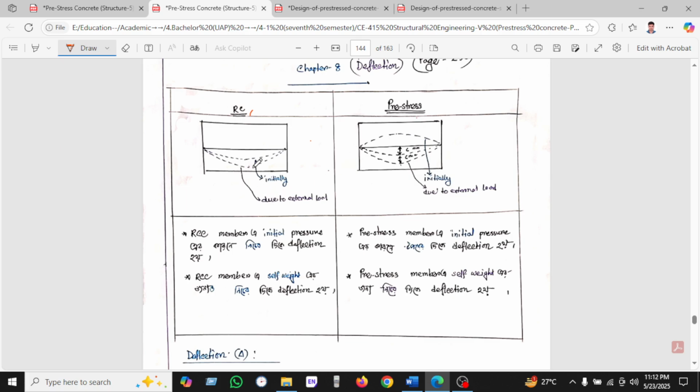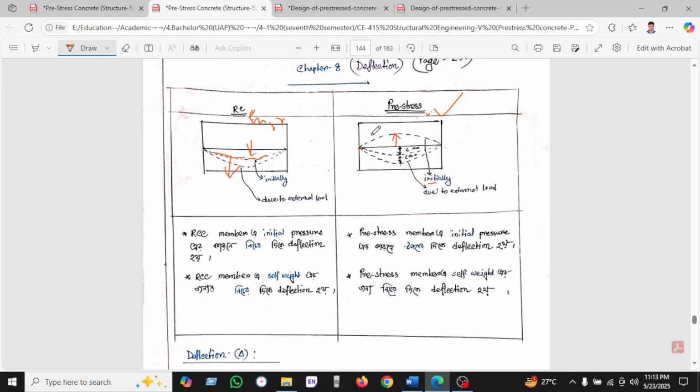As we know, in a reinforced member or beam, when we apply the load on the beam, it deflects downward, and if we impose additional external load, it goes further downward. On the other hand, in a prestressed member or beam, initially when we apply the jacking force, it acts upward.